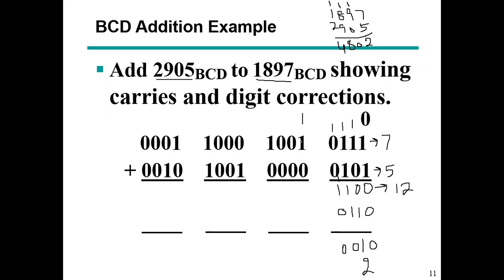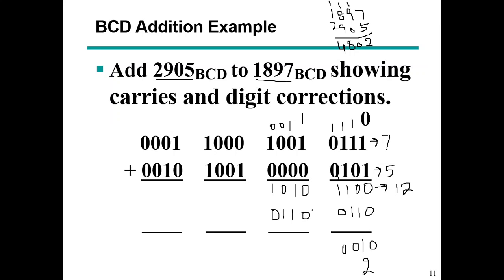Let's verify whether we get 4802 or not. Let us add these two together. So 1 plus 1 plus 0 is 2, 2 is 01. 1 plus 0 plus 0 is 1, no carry out. 0 plus 0 is 0, no carry out. 1 plus 0 is 1, no carry out. So there we didn't have any carries here. Now look at this number, this is 1010, that is 10. 10 is an invalid BCD, there is no BCD code for 10. So what should we do? We should correct it. How do we correct it? We add 6 to it, okay?